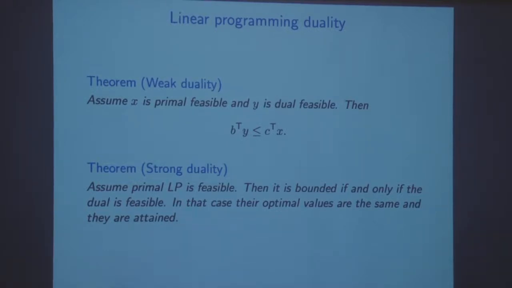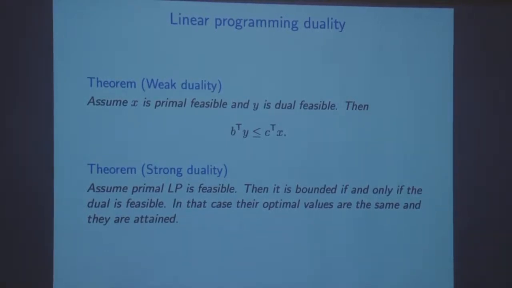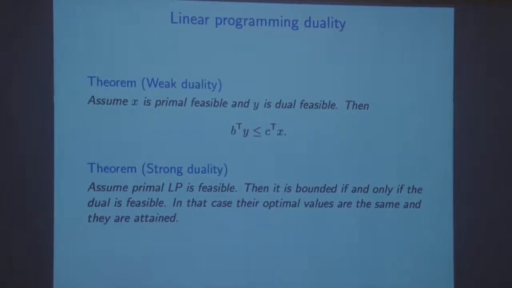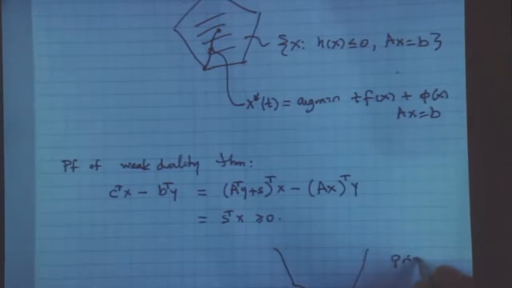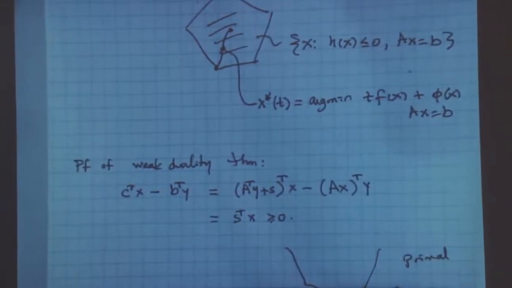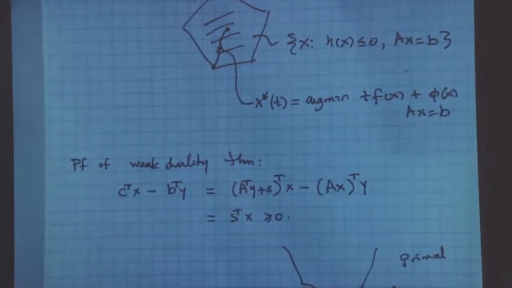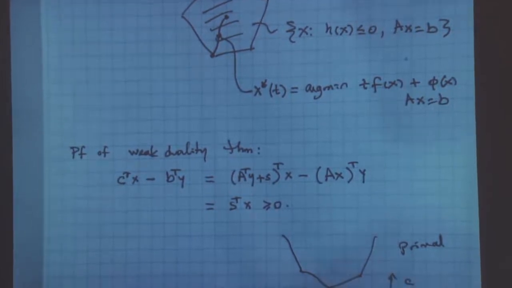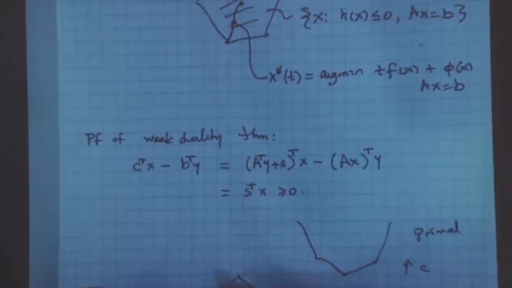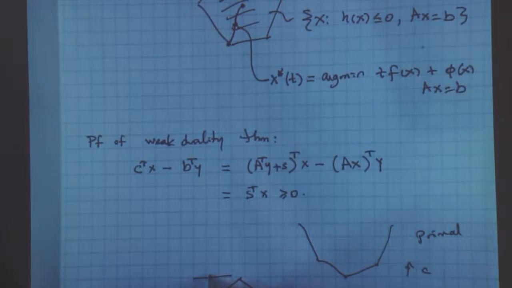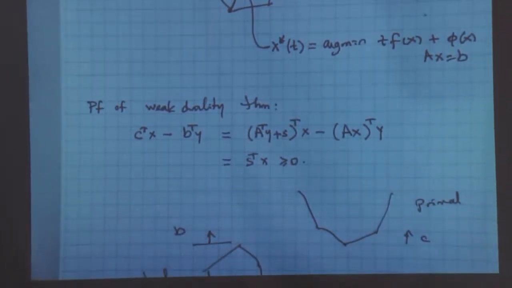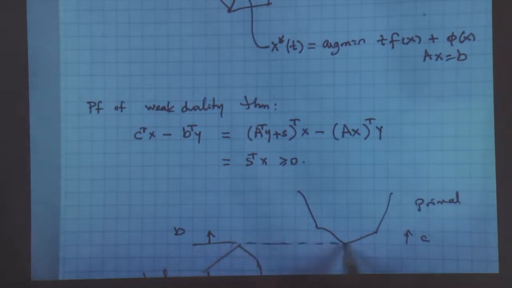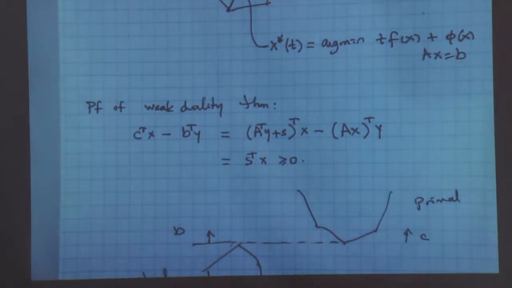So what that means is that you can think about this as the primal problem. We are trying to minimize c transpose x. And then the dual problem is something like this. So this is the dual. And we are trying to maximize b transpose y. And then, interestingly, these two things exactly match. Okay. The primal and dual optimal values match.